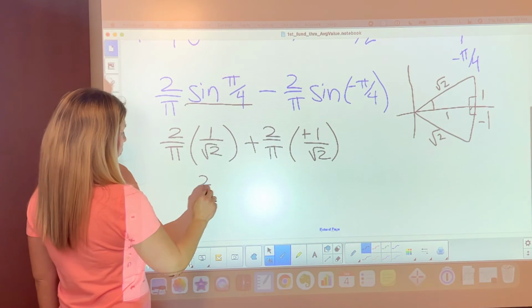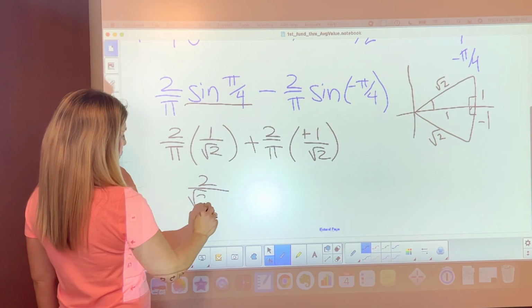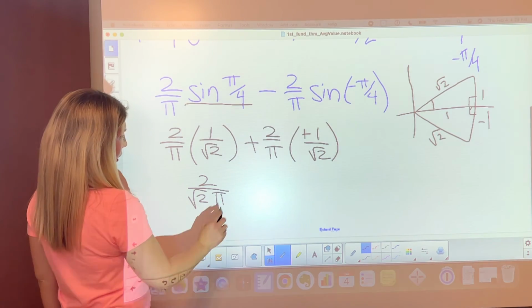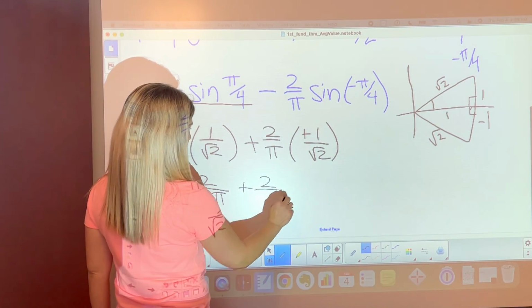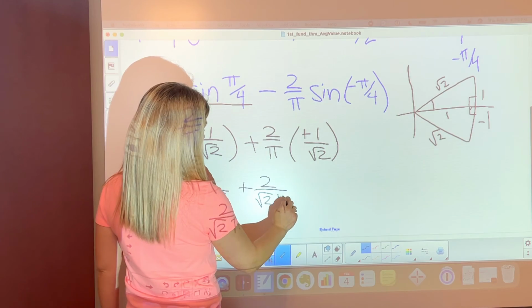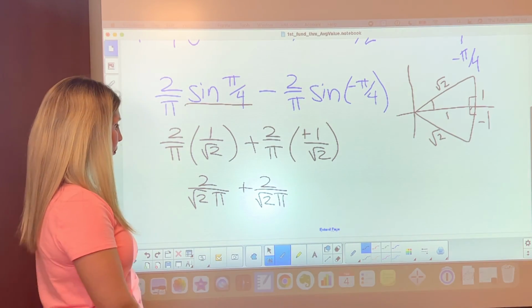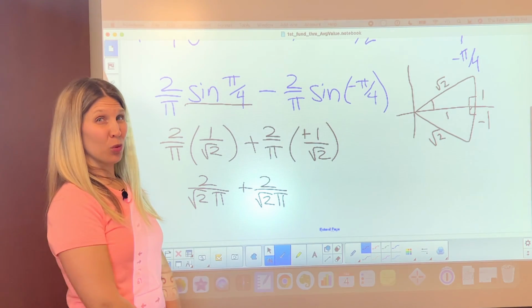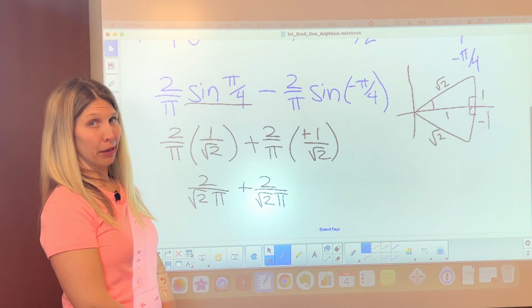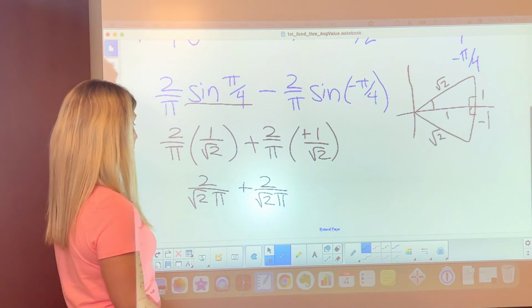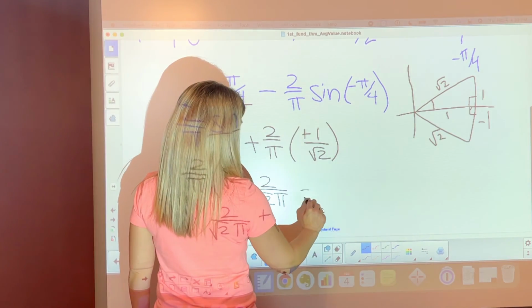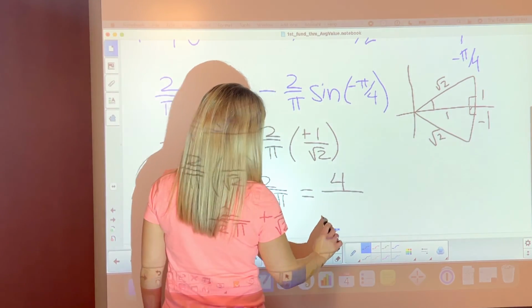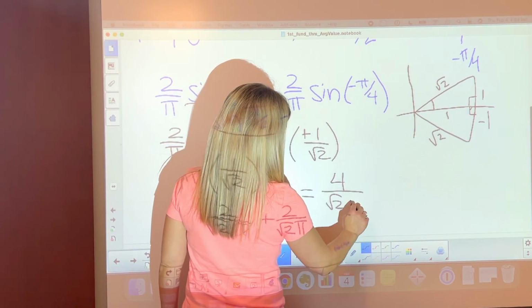So this is 2 over square root of 2 pi plus 2 over square root of 2 pi, which is 4 over square root of 2 pi. But you know, leaving a square root in the bottom is not mathematically acceptable. So we're going to have to do something about that too.